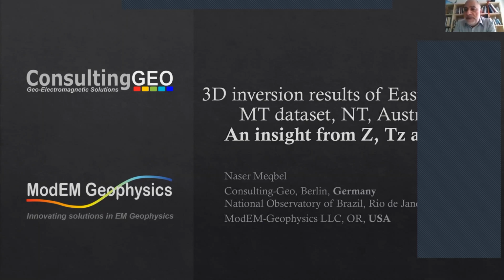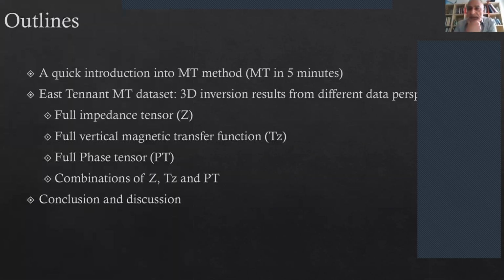My apologies that I'm using some abbreviations here like Z, TZ, and BT, but later we will see the meaning of these letters and data types and see their effect on the 3D inversion, or any kind of inversion, in MT.